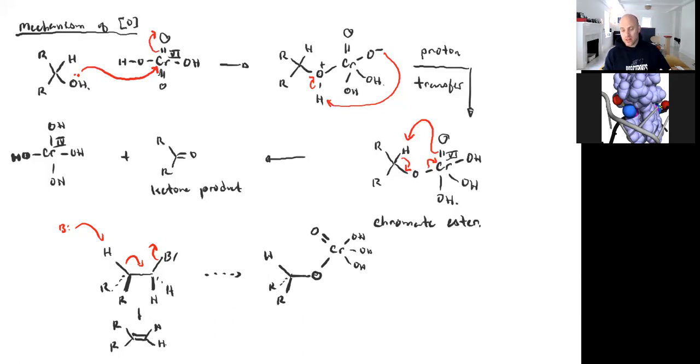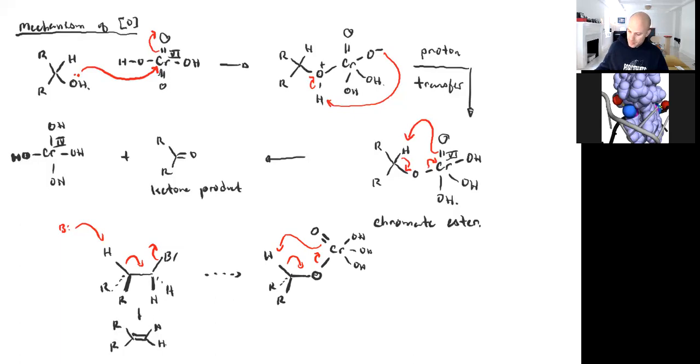The only difference is that the proton is picked up by the oxygen within the chromate ester. So it's an E2 elimination, and it is very similar to what you saw with the base mediated processes.